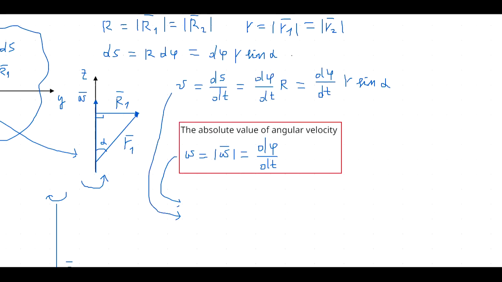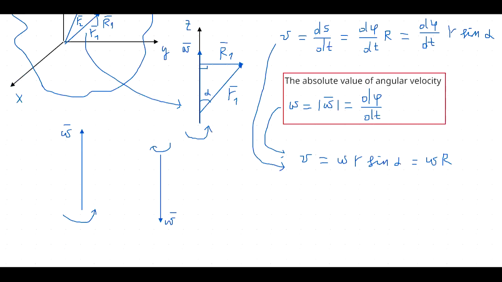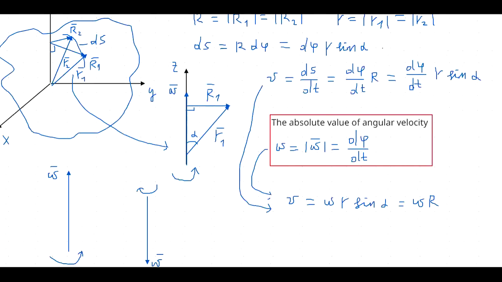To say that v is equal to omega r sinus alpha, and this is equal to omega r. Okay, and how to define the direction of velocity on this picture.